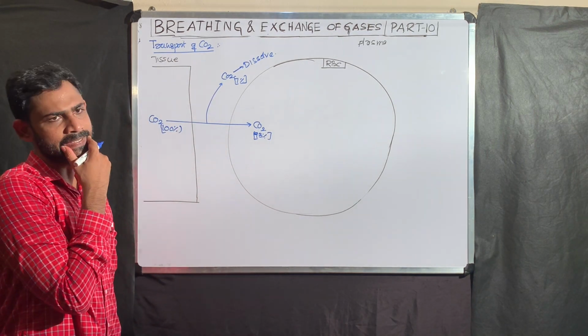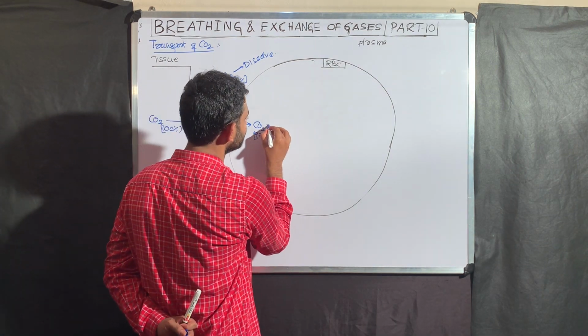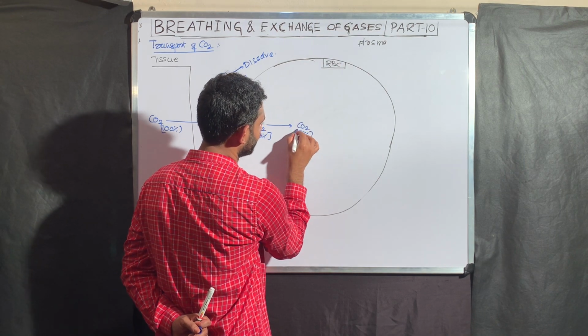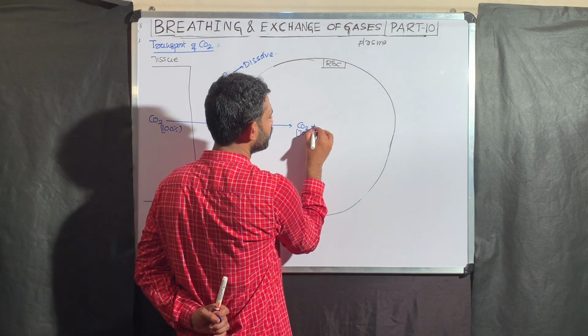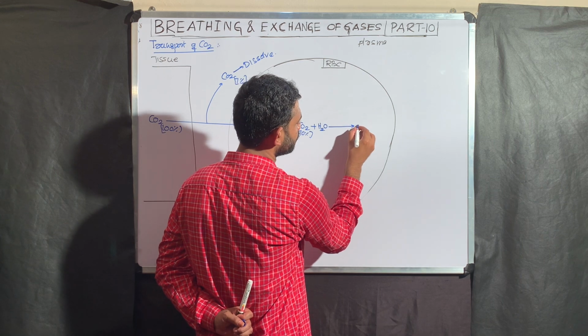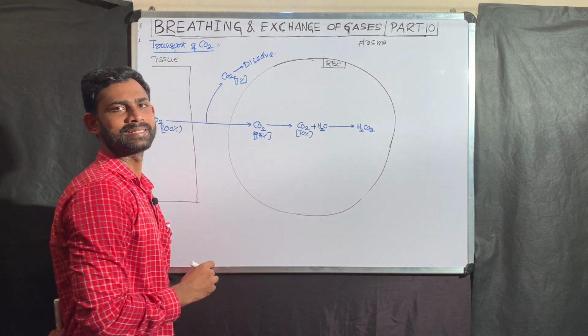Out of these 93%, I am taking 70% of the carbon dioxide; the remaining I will take up later. It associates with water to form, very important, H2CO3, that is carbonic acid.